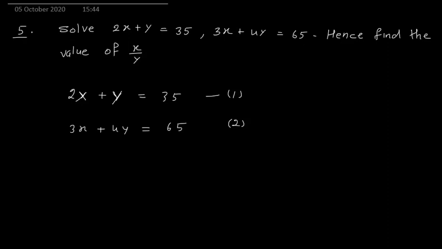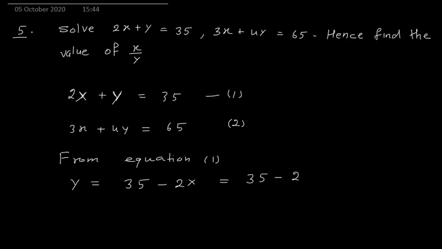So from equation 1, y is equal to 35 minus 2x. That's it. I will consider this as equation 3.